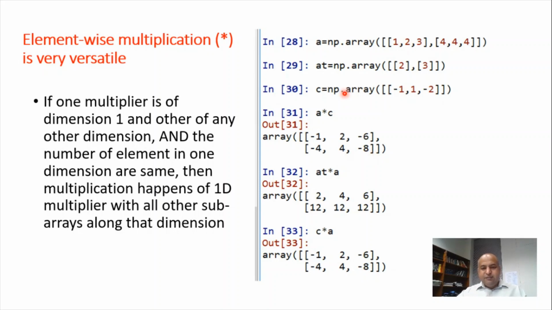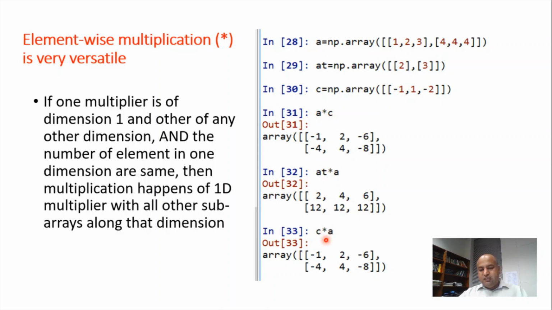Similarly, if we want to see AT's multiplication with A, now this is a column vector 2, 3. So this 2 gets multiplied with this row, and this 3 gets multiplied with this row. So we get 2, 4, 6, because 2 into 1, 2 into 2, 2 into 3, and 12, 12, 12 for the second row. And another important thing to note is that the order is not important. A star C and C star A are the same thing.